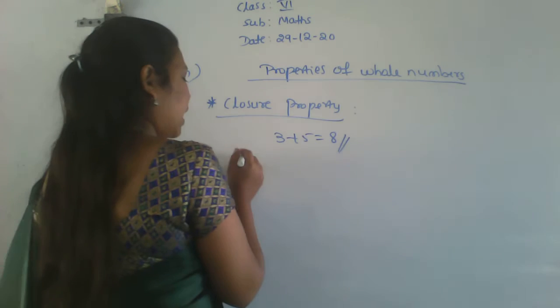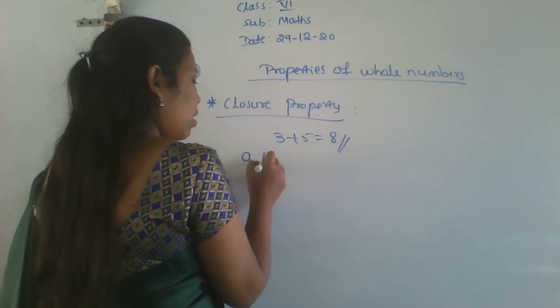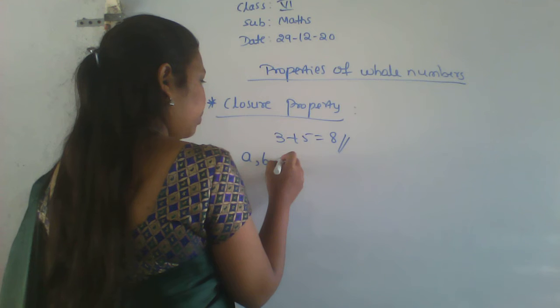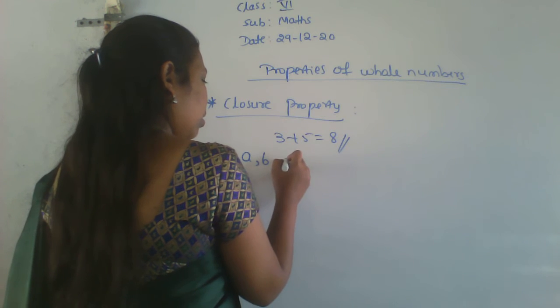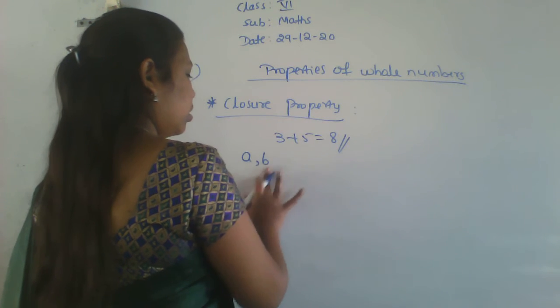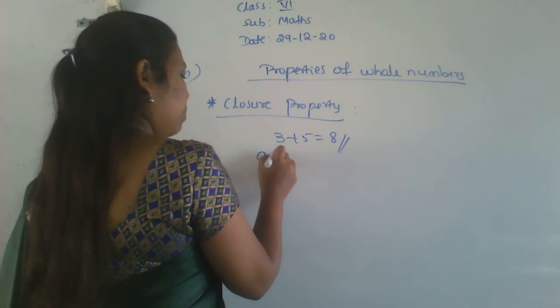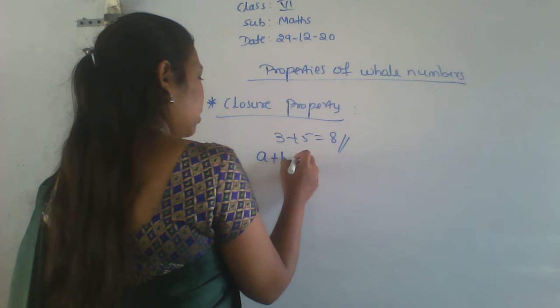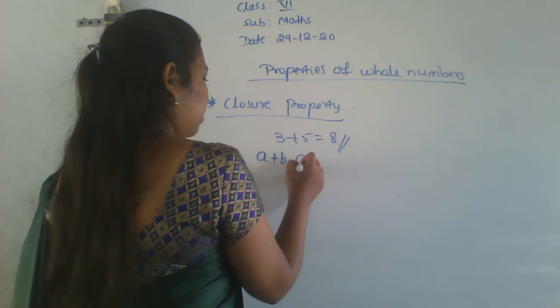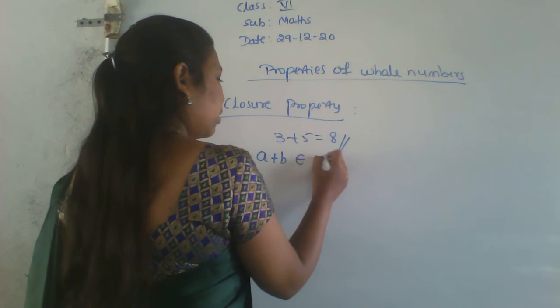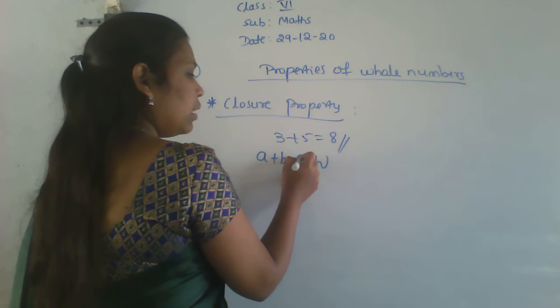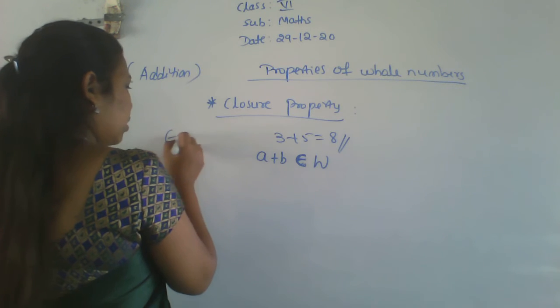In general we can write a, b, c. A plus B belongs to whole number. This symbol is called belonging.